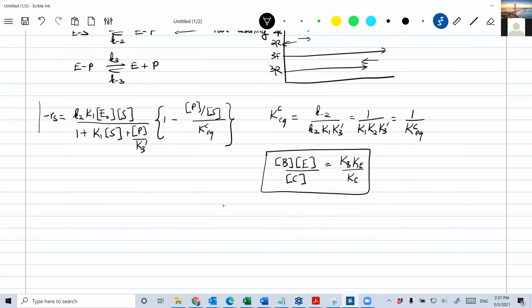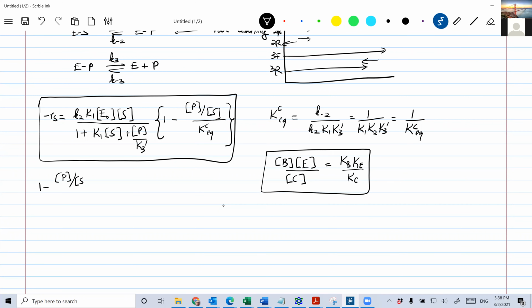So we get to this form, and this looks pretty complicated. The first thing we realize is that this 1 minus term here represents how far from equilibrium the enzymatic reaction is.